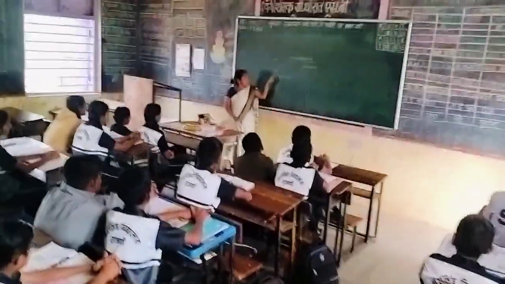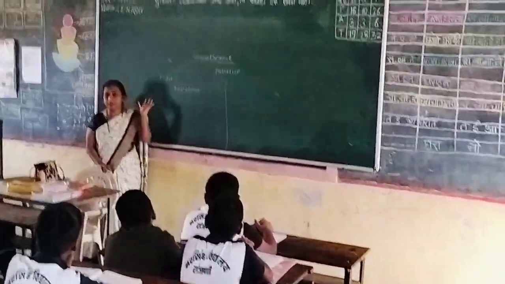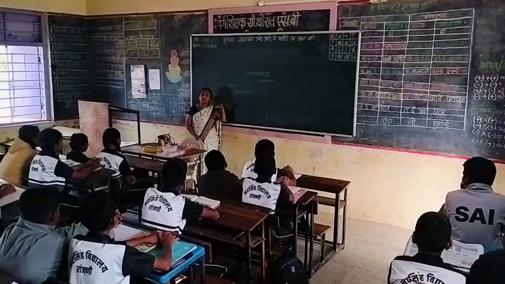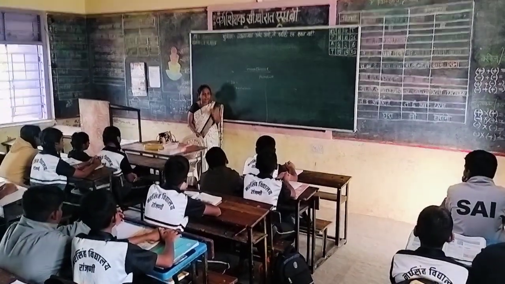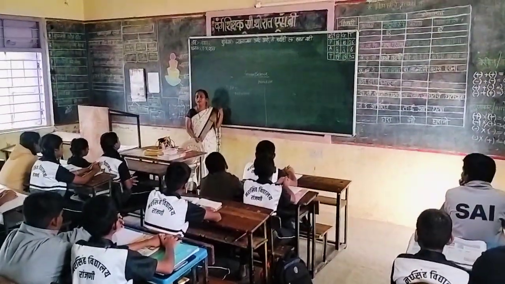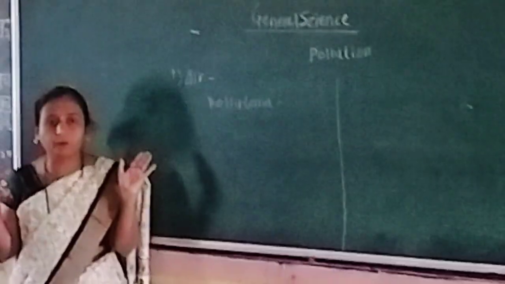Remember that in our surroundings, different types of pollutants are present. Today we discussed air pollution and the substances that are pollutants in our surroundings. Then what precautions do we take to avoid air pollution?